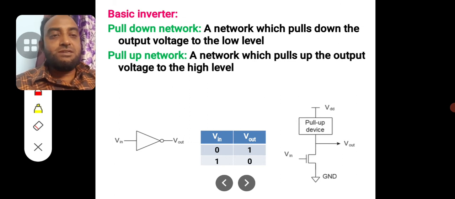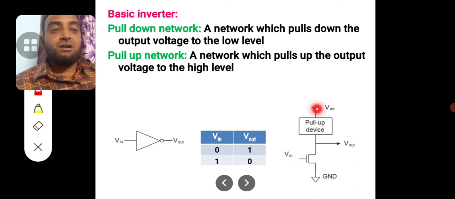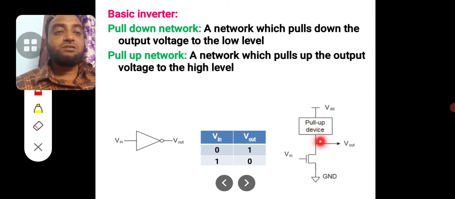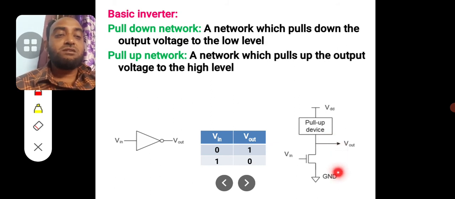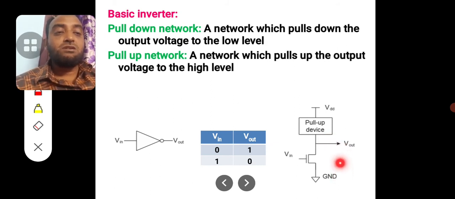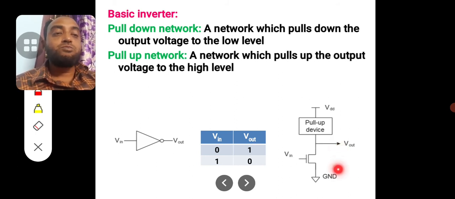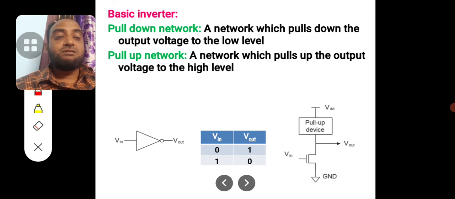Now if this pull-down device is off, that means the input voltage applied is 0 volts. For 0 volts, this device will be off. Now the charging current will flow through the pull-up network and pass through the load capacitor, which is connected from output to ground, causing the voltage across the load capacitance to rise from 0 volt, which is very low, to a peak.